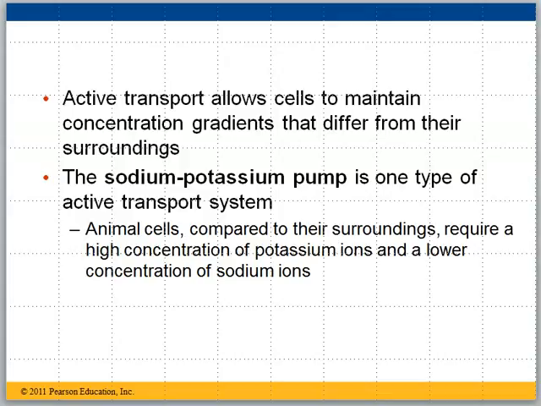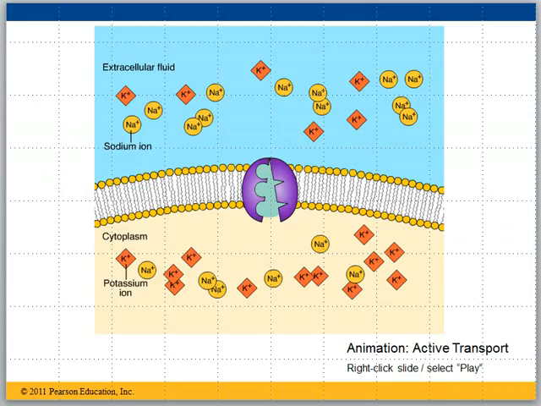In animal cells, when you compare the inside of the animal cell to its outside environment, the inside requires a higher concentration of potassium ions and a lower concentration of sodium ions. So to keep this uneven concentration inside and outside the cell, we have to use active transport in this sodium-potassium pump. Great little animation right here.